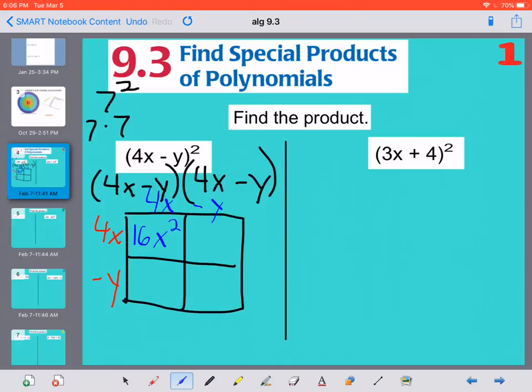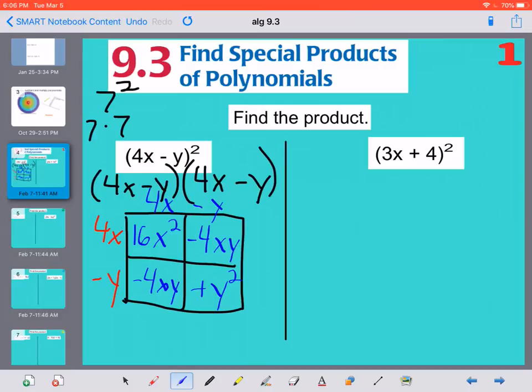4x times negative y, negative 4xy. Negative y times 4x, again, negative 4xy. And negative y times negative y gives us a positive y squared.